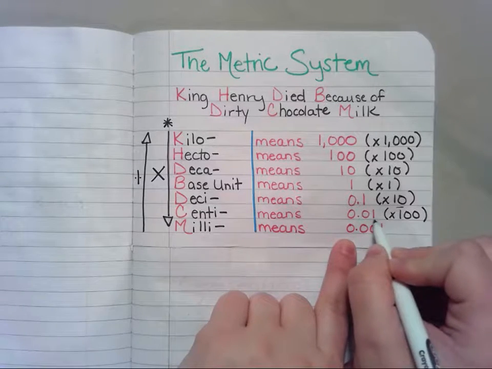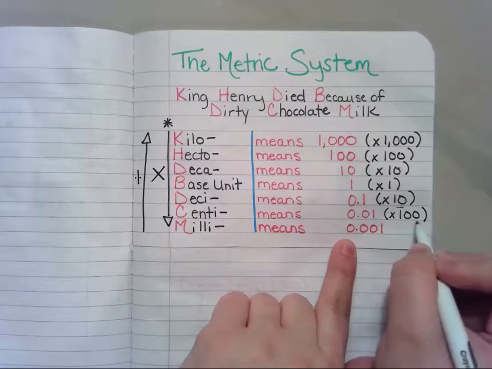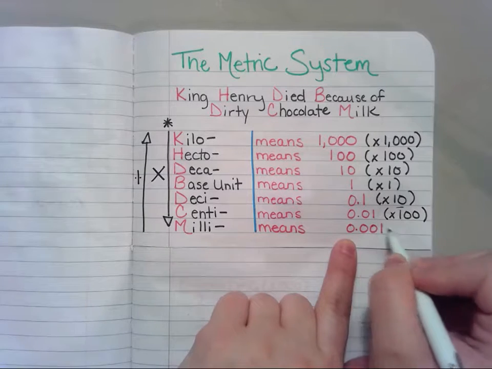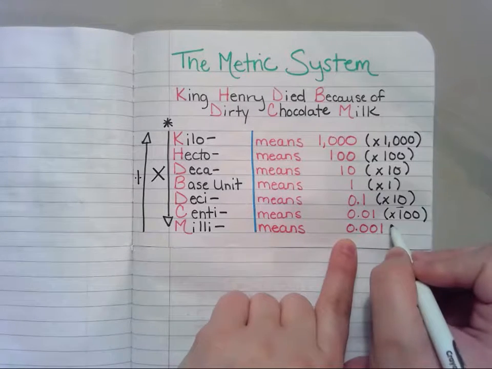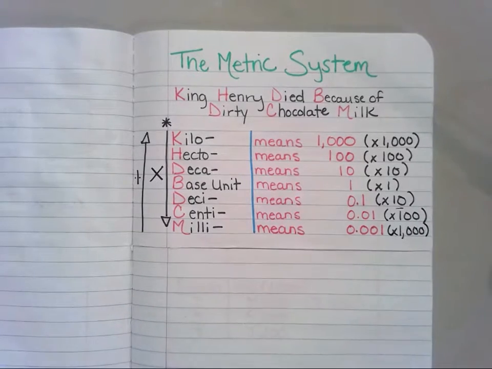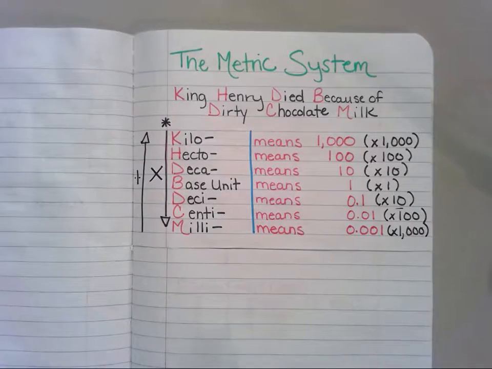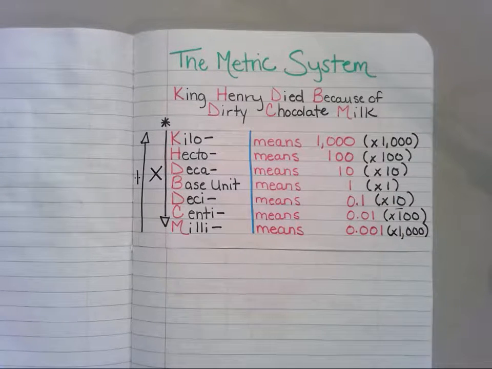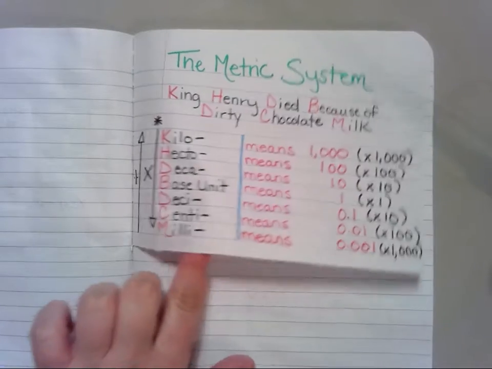That's because this is in the hundredths place. 100, hundredth. 1,000th, I'm going to multiply by 1,000. So take a moment to make sure that this stuff is written in your notebook as well. Once you have that done, you can pause if you need to, then unpause and flip to the next page.